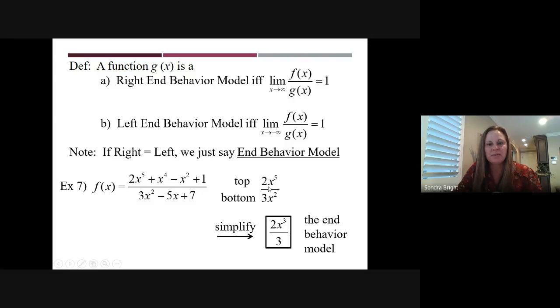So if the coefficients had matched, like let's say this had been a 2x squared, then the 2's would have canceled and it would have just been x cubed as your end behavior model. So you always keep the coefficient that's in front of that leading term. Okay, so here is one polynomial over polynomial. You're just going to have an end behavior model.